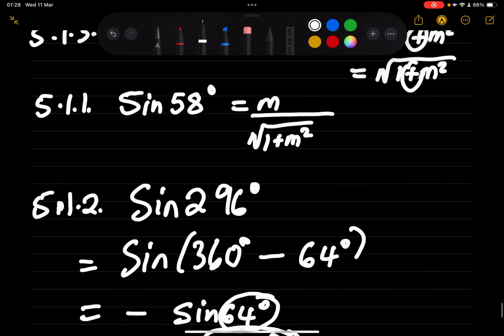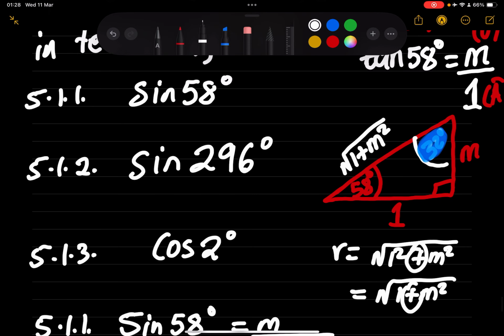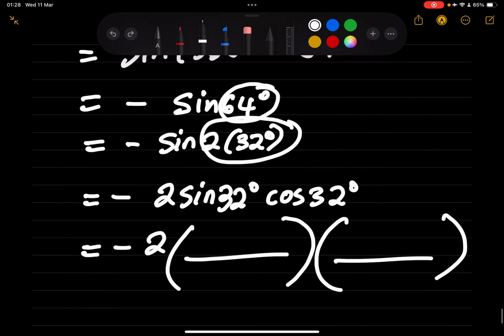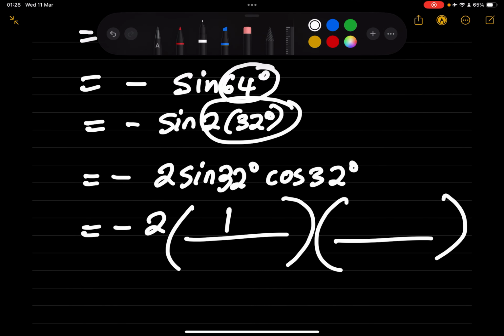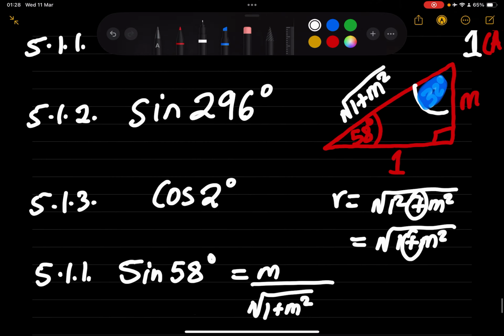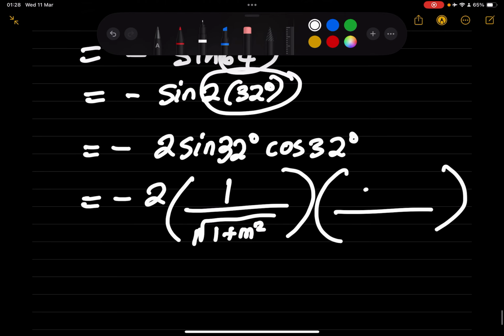Okay, let's see. Sine 32 is opposite over hypotenuse, which is 1 over the square root of 1 plus m squared. Then cos 32 will be the adjacent, which is m, over the square root of 1 plus m squared.